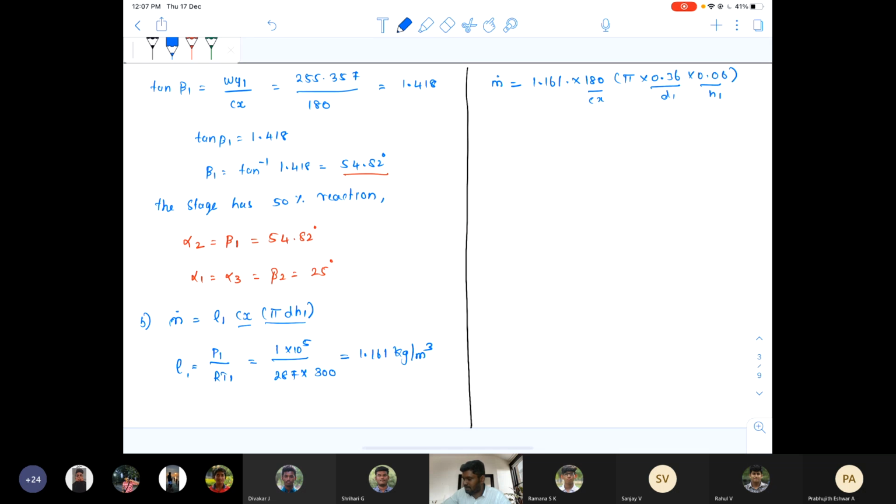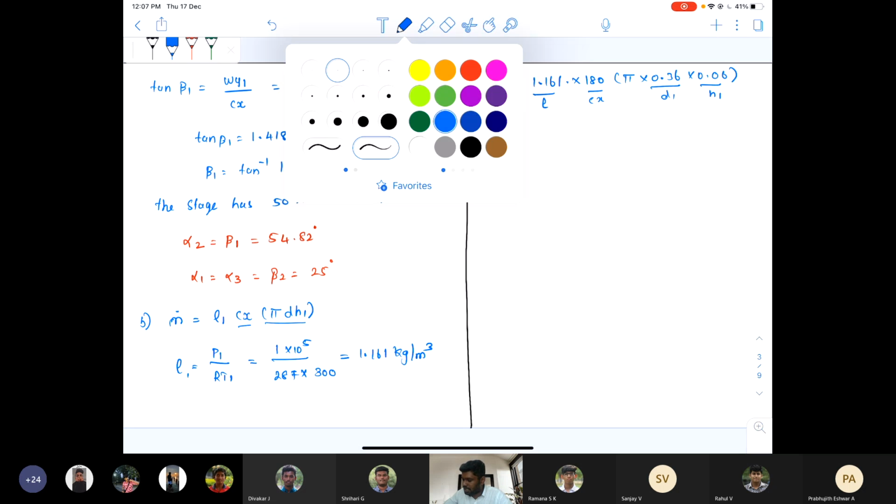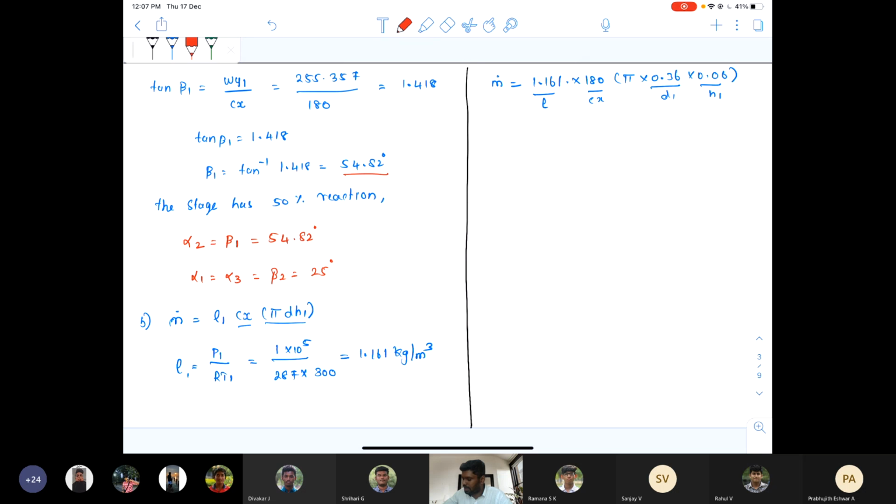This is Cx and this is the value of rho. Now on calculation, the value of mass flow rate will be equal to 14.18 kilogram per second. Therefore, mass flow rate is equal to 14.18 kilogram per second.